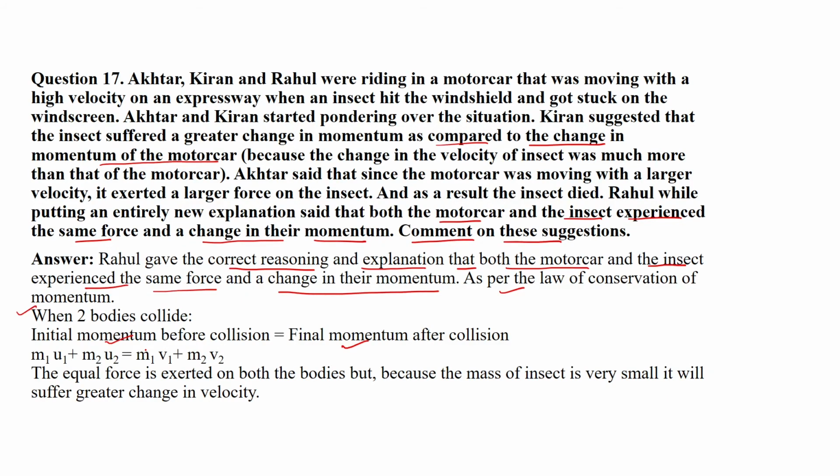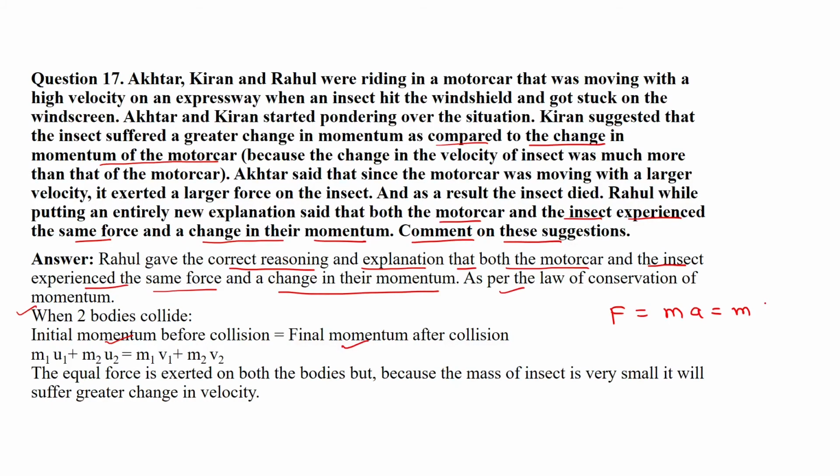The equal force is exerted on both the bodies, but because the mass of the insect is very small, it will suffer a greater change in velocity. As you know very well, force is equal to mass times acceleration, that is mass multiplied by acceleration, and acceleration is change in velocity upon time taken.